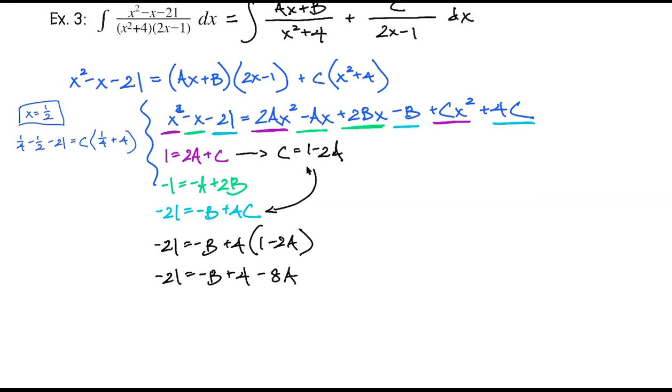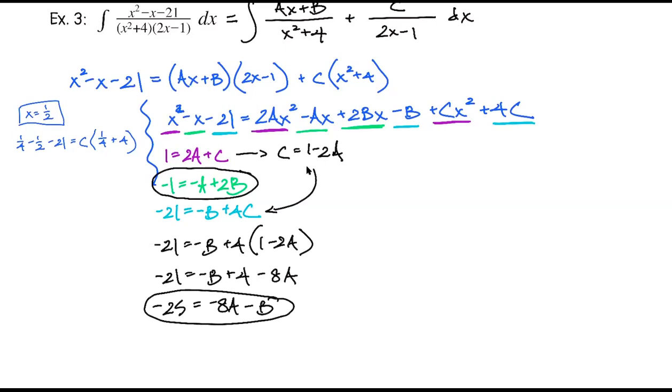And then I'm going to subtract the 4 to the other side. So negative 25 equals negative 8a minus b. And now what I can do is take this green equation and this black equation and use elimination to get rid of one of the letters.